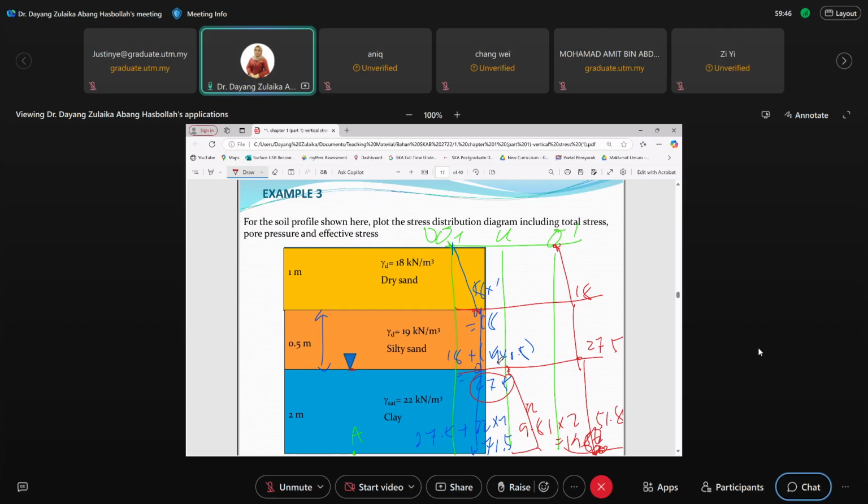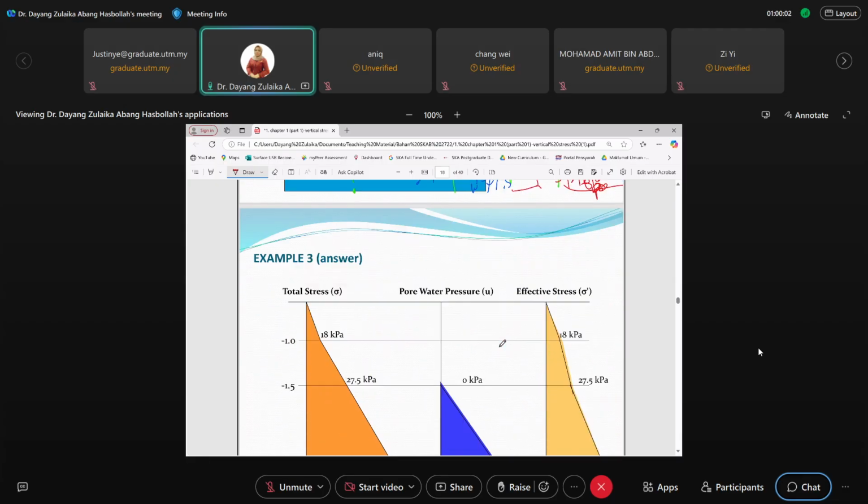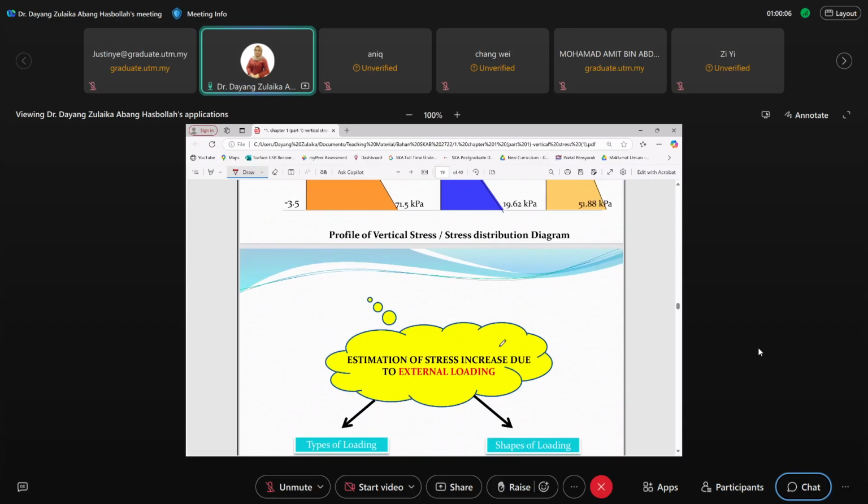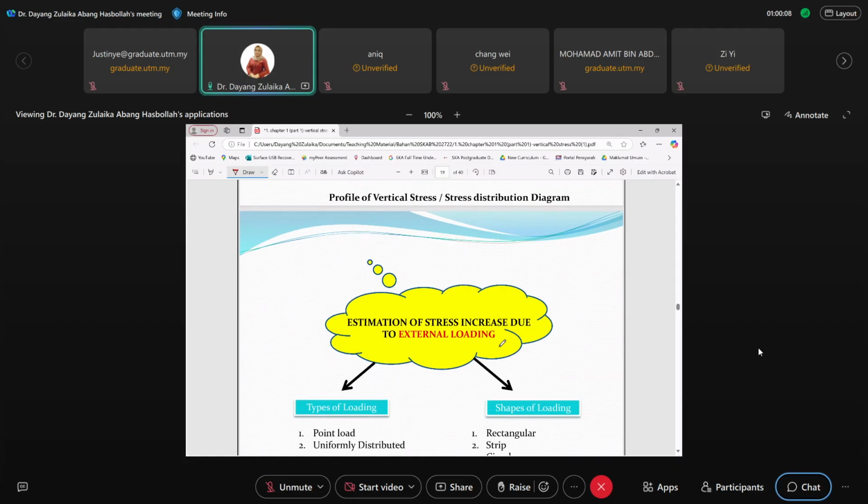So that is all for our class today. Later I will give you some exercises to practice this stress distribution diagram. I will see you next week to do the stress increase due to the external loading.